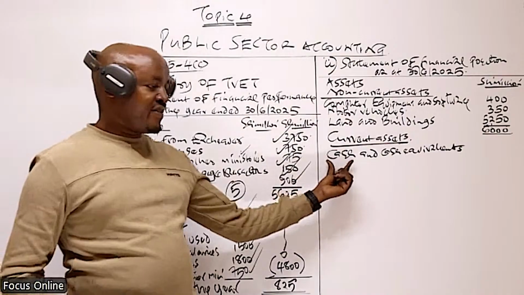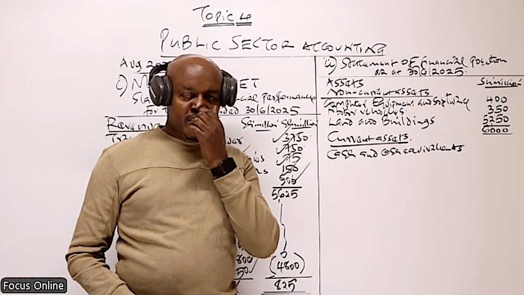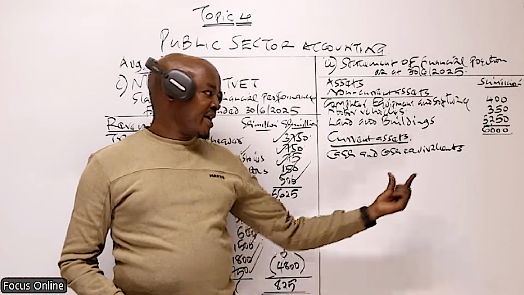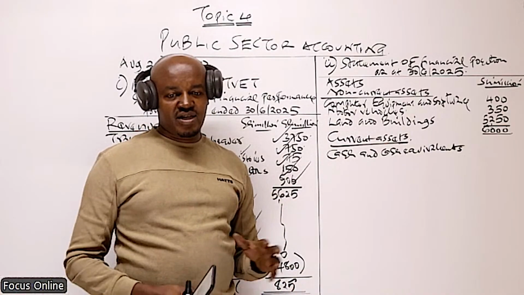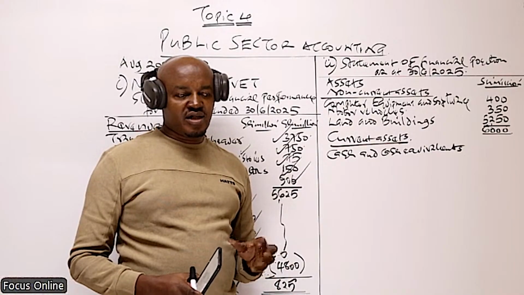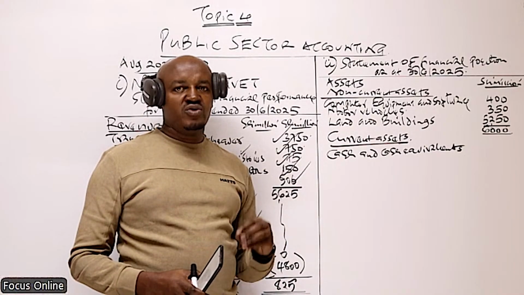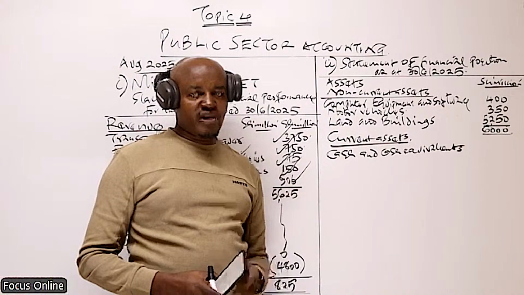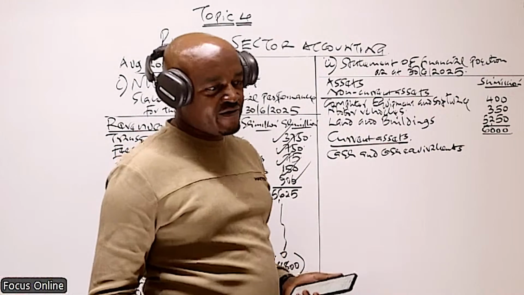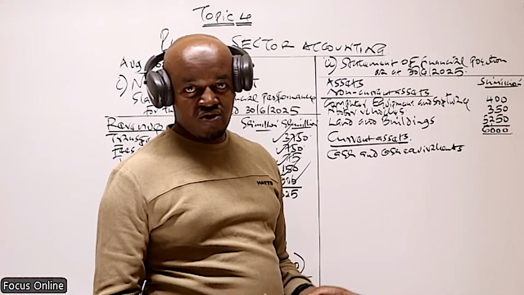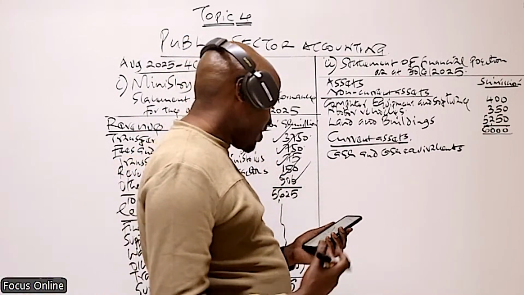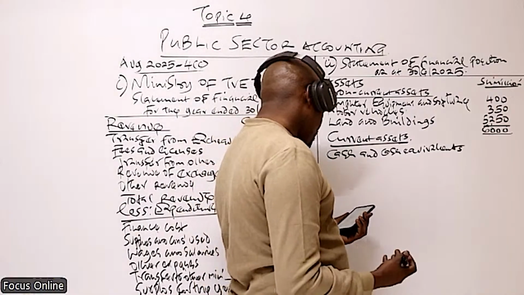Cash refers to any money held in the bank account, including cash in hand. The cash equivalent is our short-term investment, for example treasury bills, which are short-term, or shares trading in the securities exchange market. That is not cash, but is a cash equivalent, because you can sell those shares within a very short period of time.